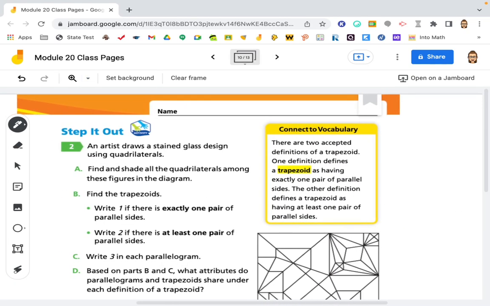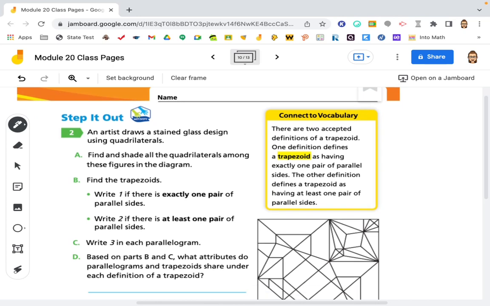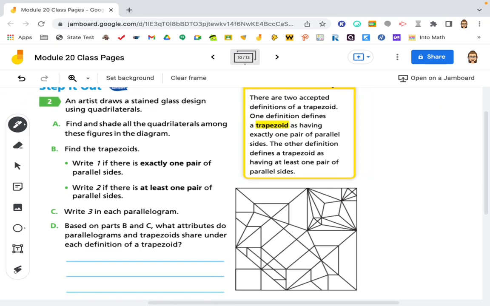An artist draws a stained glass design using quadrilaterals. Find and shade all the quadrilaterals among the figures in the diagram. So all four-sided shapes we are shading.